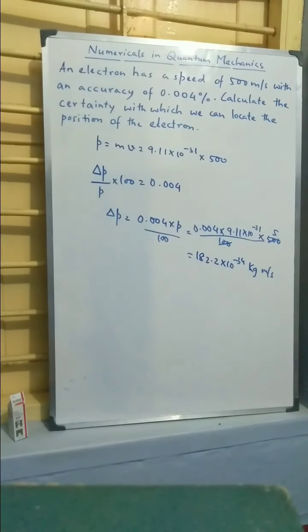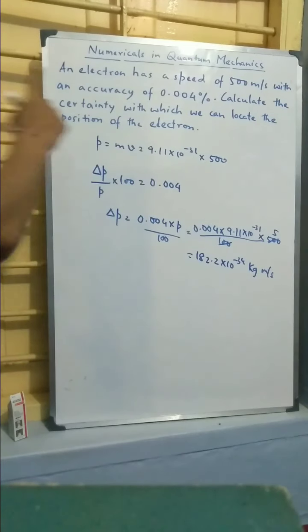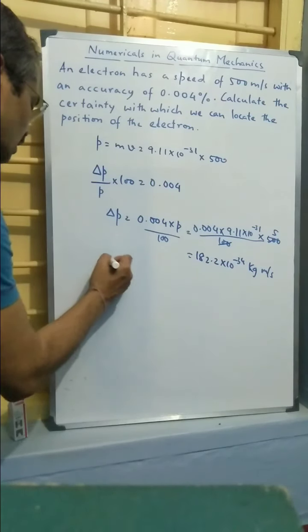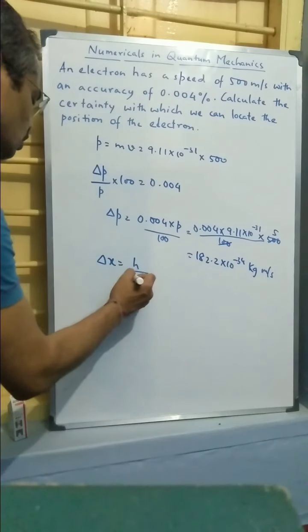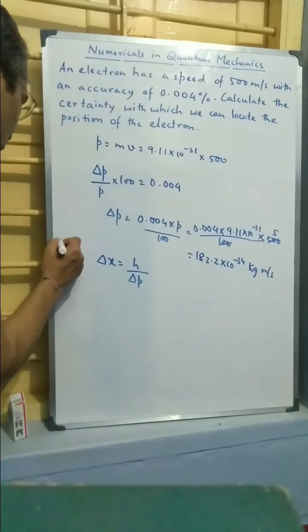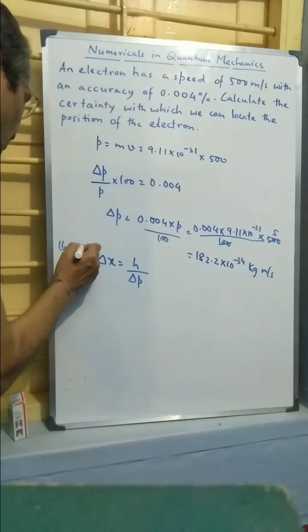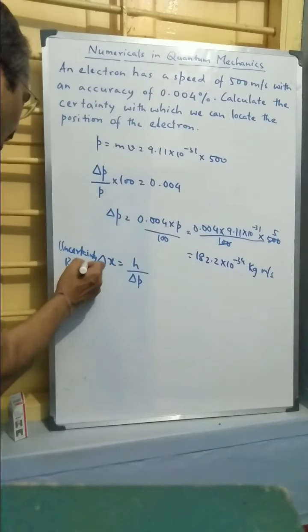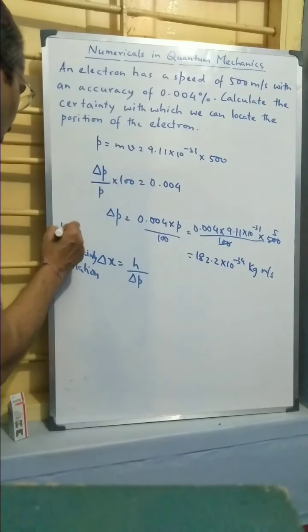Now if we want to calculate the certainty, we need to know delta x, which is equal to h by delta p, the Heisenberg uncertainty relation.